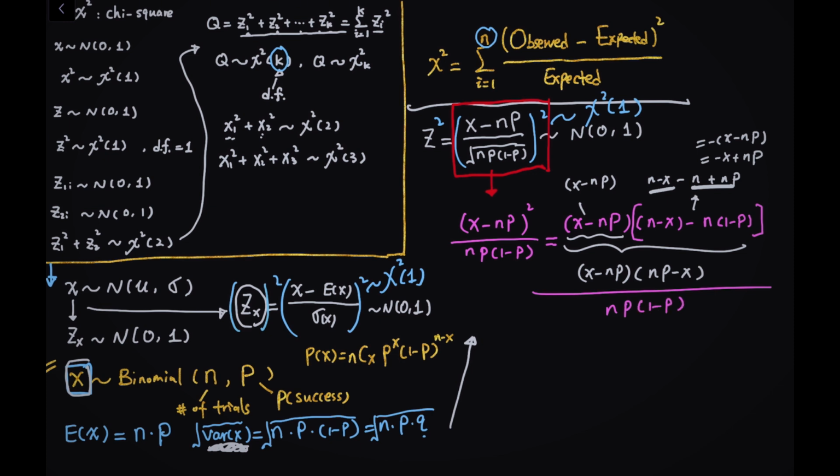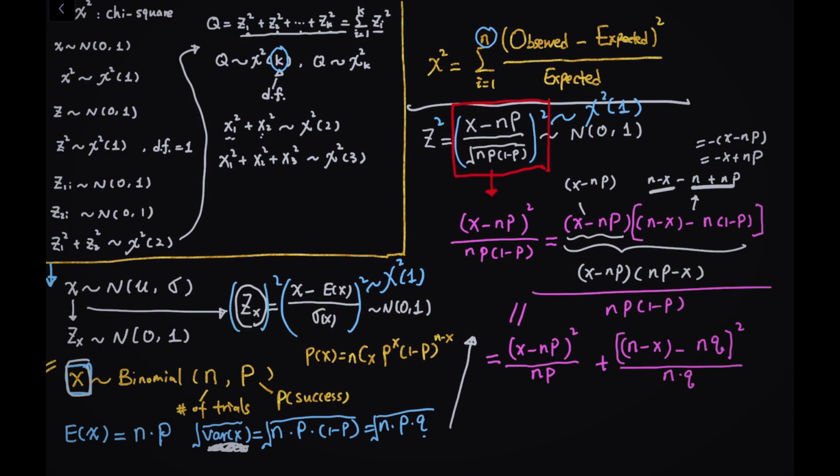And then let me do this. So that equals, just focus on the pink part. So that equals X minus NP squared divided by NP plus N minus X minus N times 1 minus P, which is Q, the probability that you observe failure on each trial, squared divided by N times Q. They are equal.